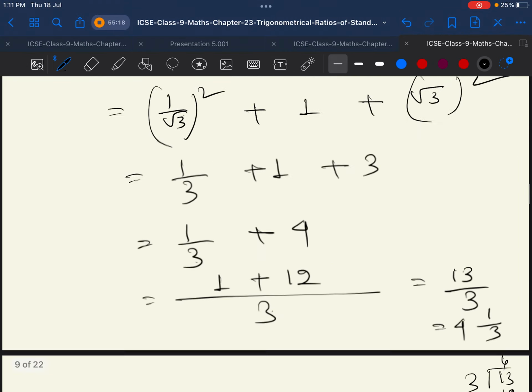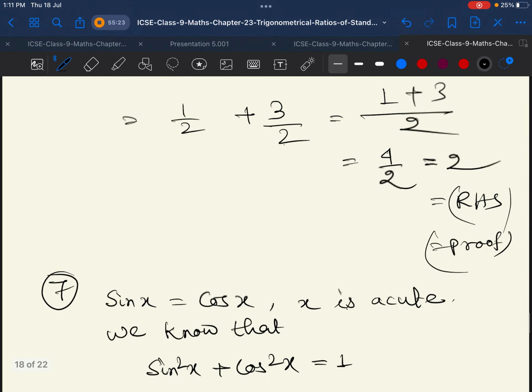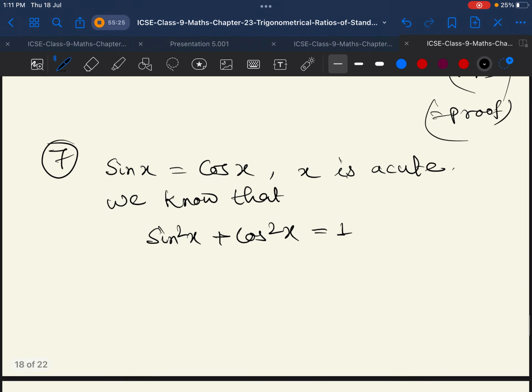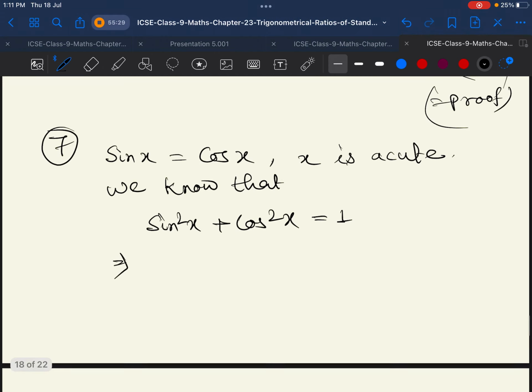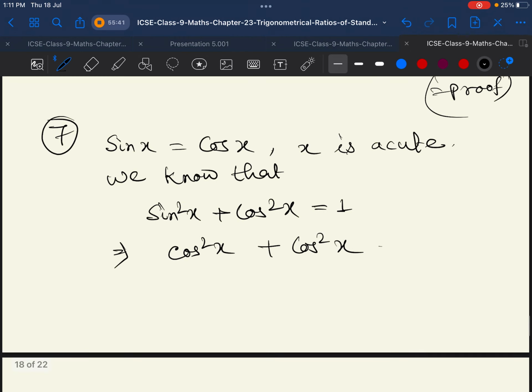This law we apply here. So sin square x plus cos square x equals 1, we know. Now we put the value of sin x as cos x, so cos square x plus cos square x equals 1.